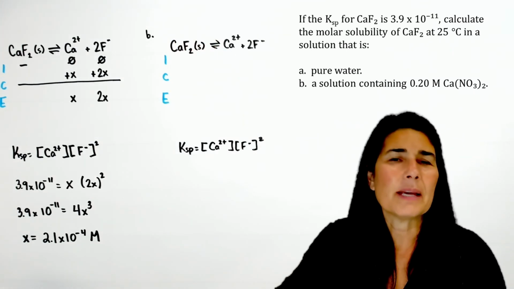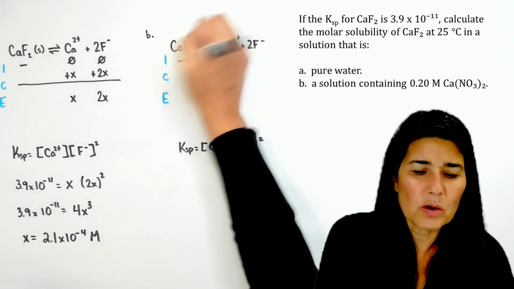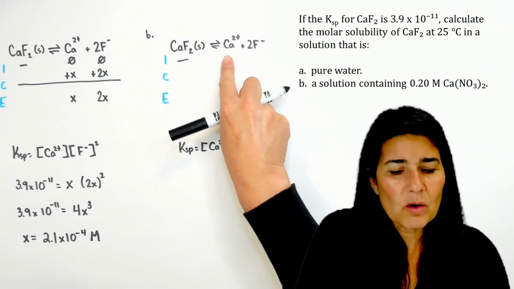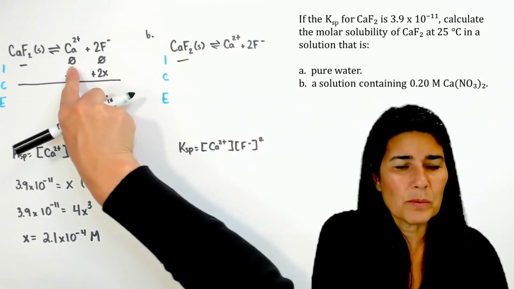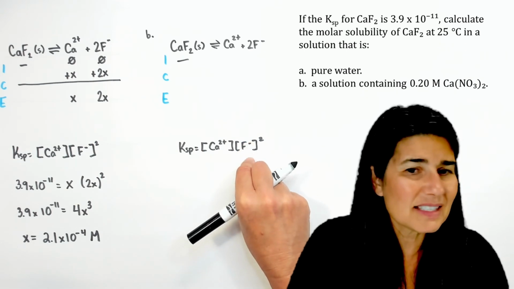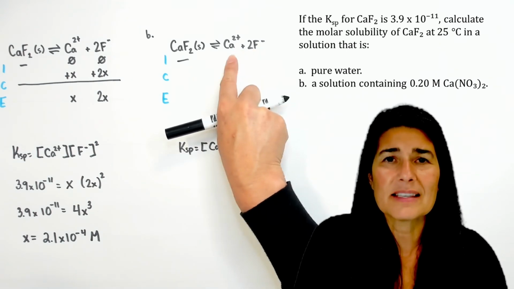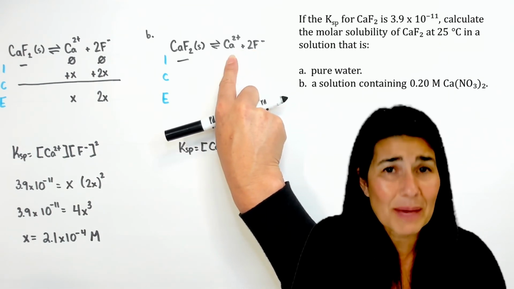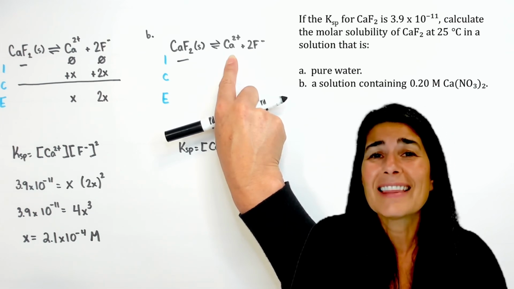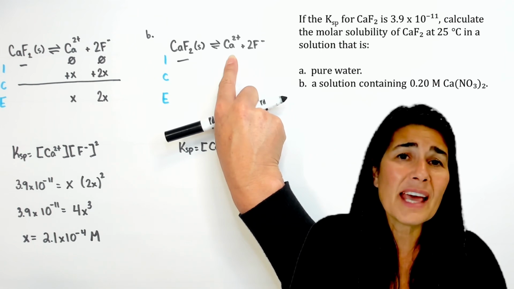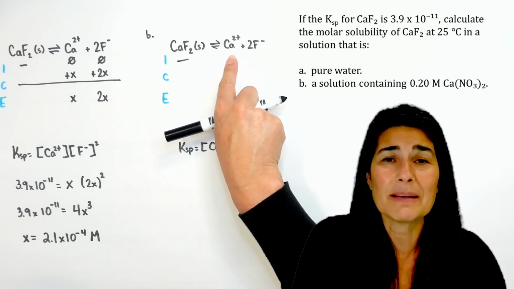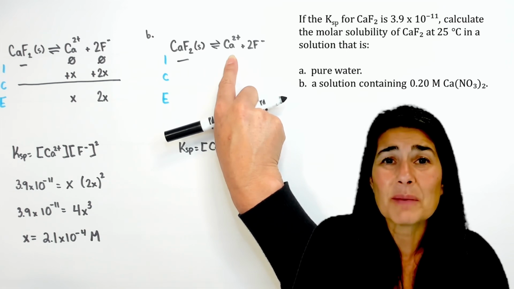Now, initially, we have some calcium fluoride. I don't know how much, but I'm leaving it out. It's a solid. Initially, we normally have a 0, 0 here. When we're in pure water, both of those initial values are 0. However, this time we have one of those ions. One of these ions is in common to the solution that we dissolved it in. Which one? The calcium. If we have a 0.20 molar solution of calcium nitrate, that's going to give us some calcium.